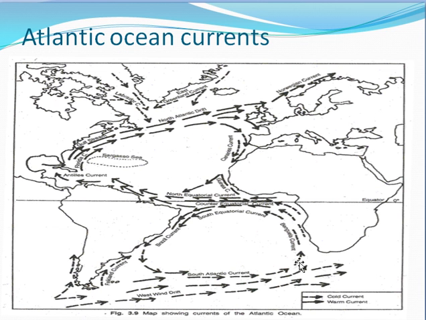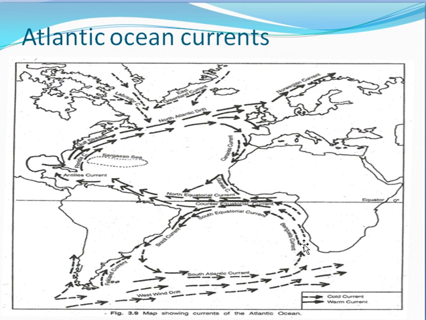Then one more cold current here is Benguela Current. So this South Atlantic Current, after reaching the southern tip of South Africa, turns northward and is called Benguela Current. Benguela Current is a cold current.